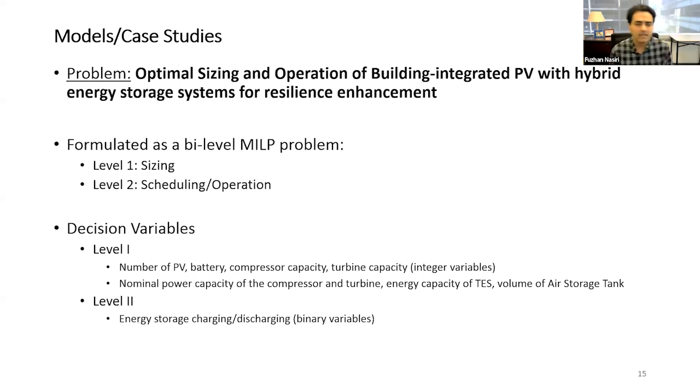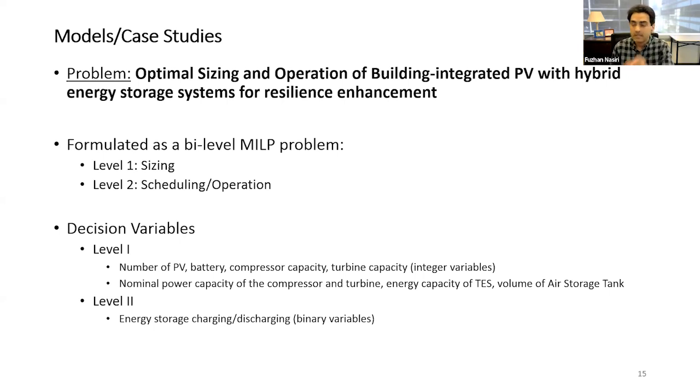Decision variables at level 1 are more about capacity: number of PVs, capacity of battery, capacity of compressed air, which has a compressor and turbine, and also capacity of the mechanical energy storage system.